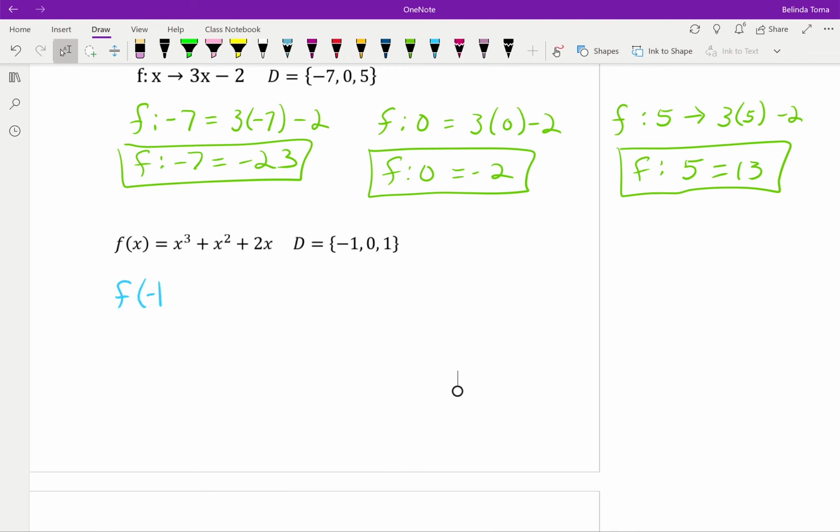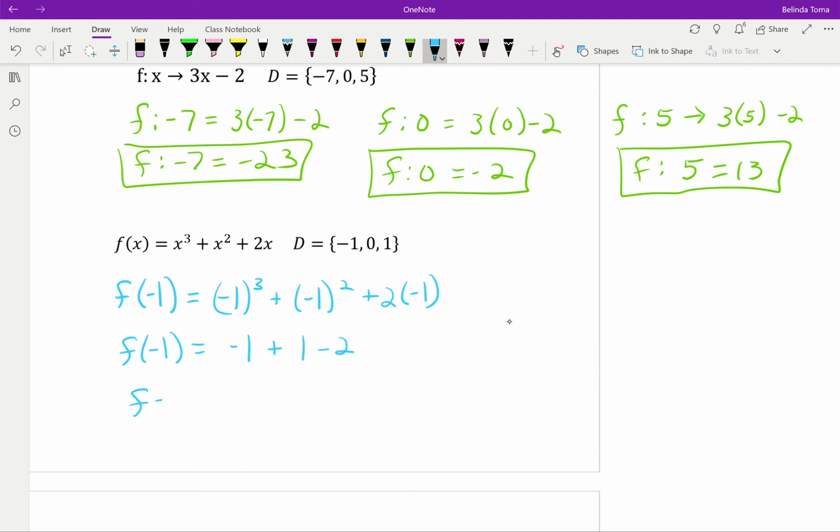So f of negative 1 means that everywhere I see an x, I'm replacing it with negative 1. I'm evaluating this function for negative 1. So f of negative 1 is going to be, let's see, that's negative 1 plus a positive 1 minus 2. So that's going to be f of negative 1 is equal to negative 2. When I put in -1, I get out -2.